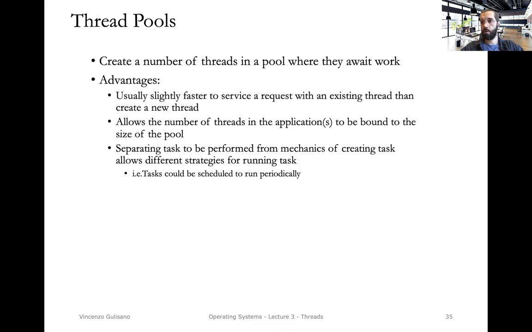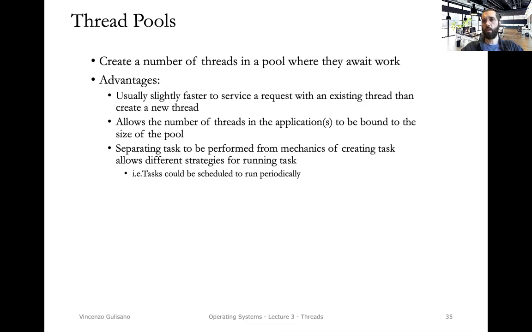So you can create the threads at the beginning of the execution and just keep them in a pool. And then whenever you have to run something in a thread, you pick one of the threads in the pool and you make it run a certain function. Okay.